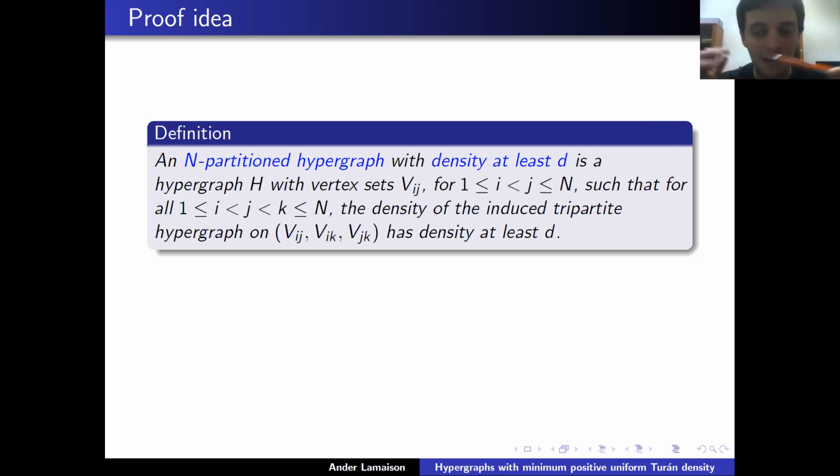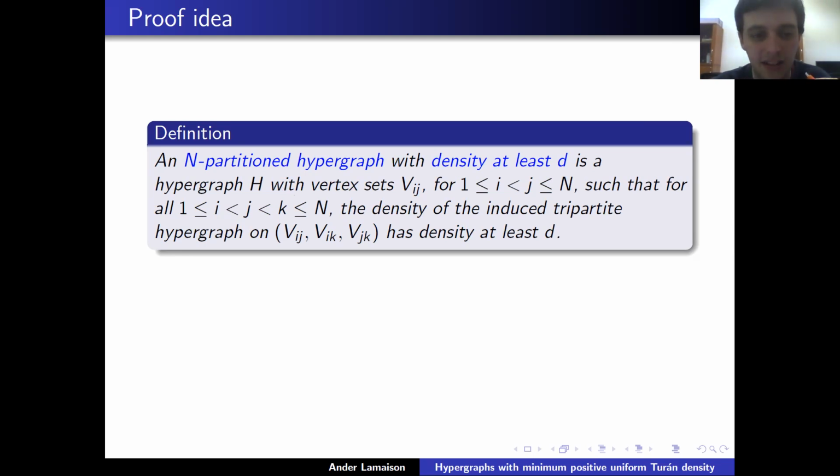Let me just tell you that there is an ingredient of hypergraph regularity, and that once you apply regularity, because your graph was quasi-random, your reduced graph has a special shape, which is approximated by something that we call the n-partitioned hypergraphs.